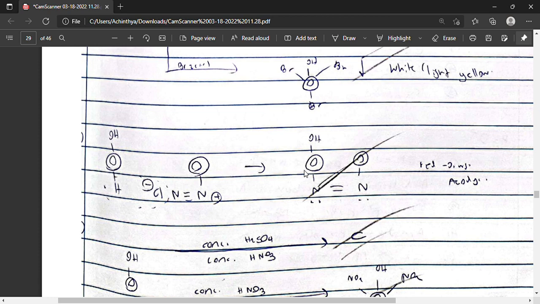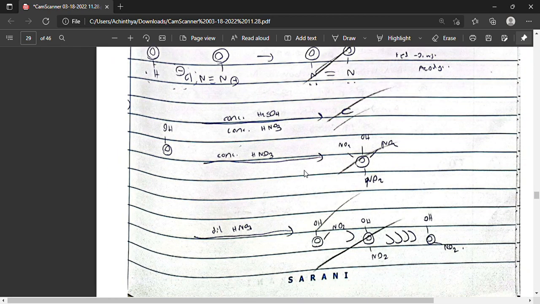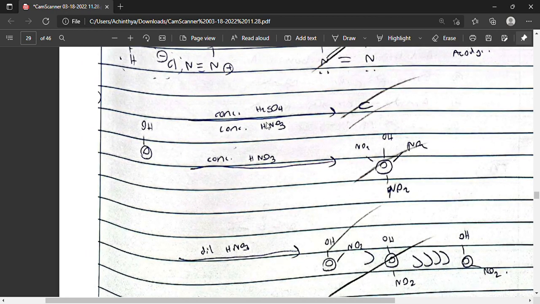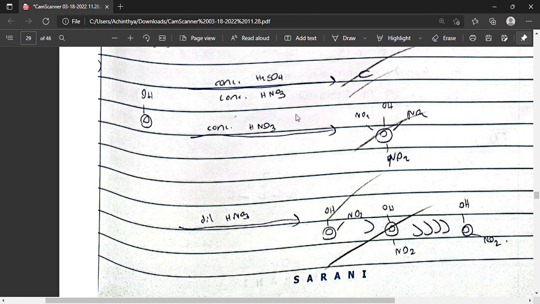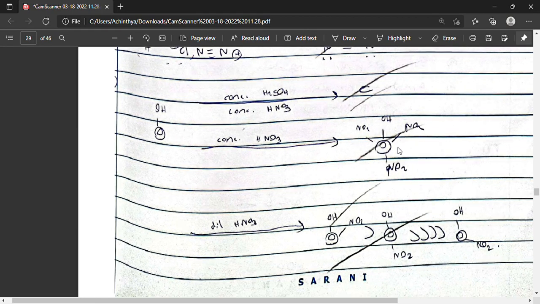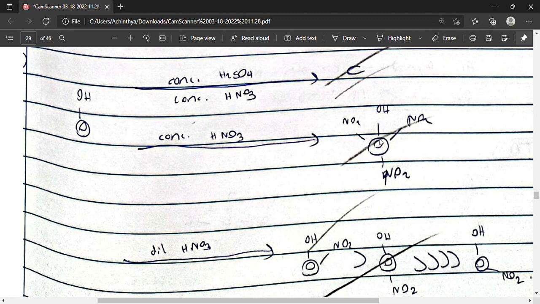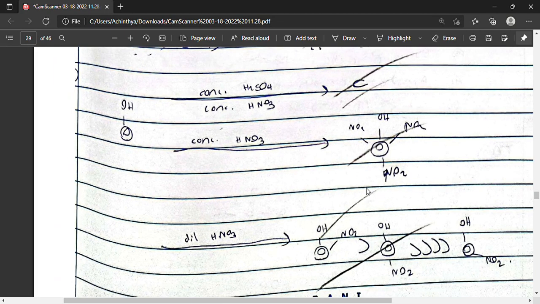If we were to add concentrated sulfuric and nitric acid to phenol, it will just oxidize rapidly and virtually form ash. If we were to use concentrated nitric acid only, we will get 2,4,6-trinitrophenol, which is an explosive, by the way, picric acid.